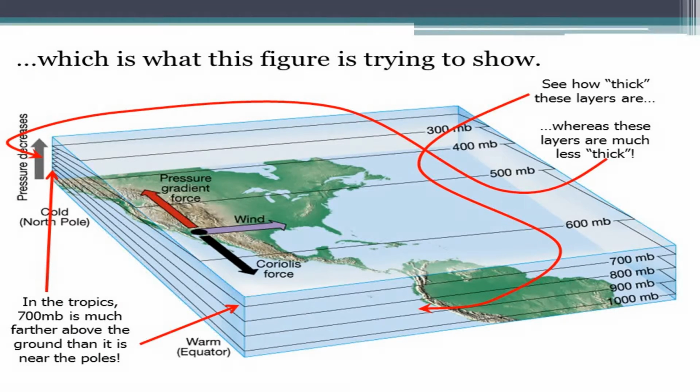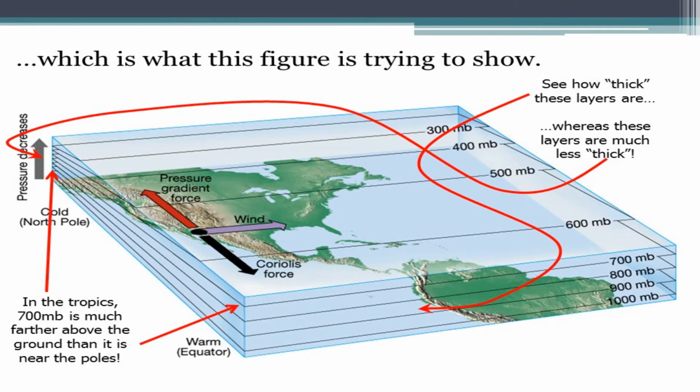This is actually from an older edition of your textbook, but your textbook has a very similar figure. It's hard to get a sense of the perspective here, but what they're trying to show is that in the tropics, a given pressure level, like say 700 millibars, is quite high above the ground, whereas if you follow that same pressure surface all the way over to the poles, you would see that the 700 millibar surface is closer to the ground.